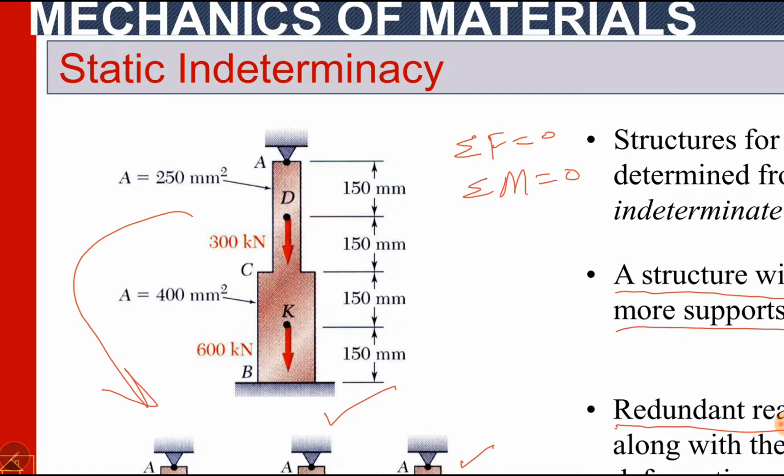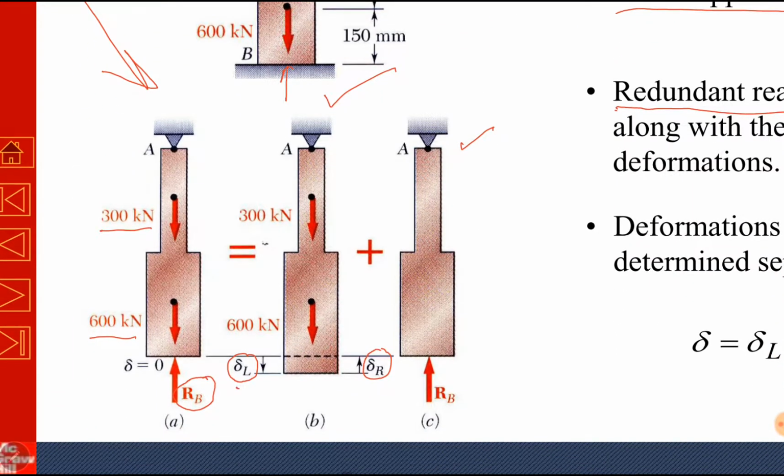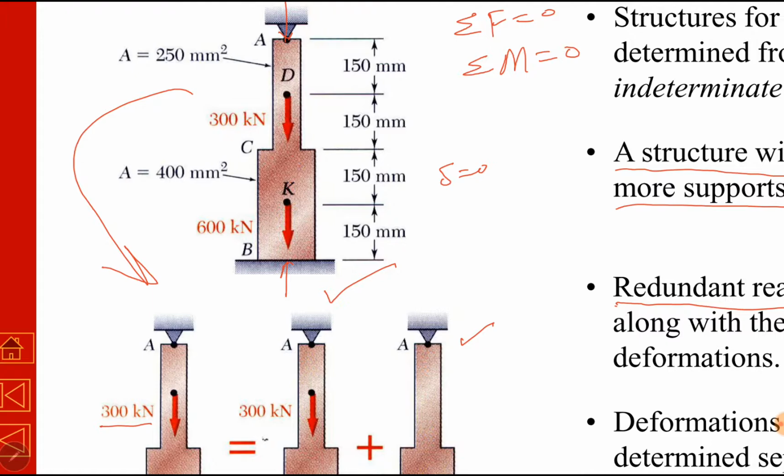So the net deformation in this bar must be 0 because it is fixed at B and at A. So the sum of these two deformations, delta L and delta R, must be equal to 0 because initially the bar was fixed between A and B.